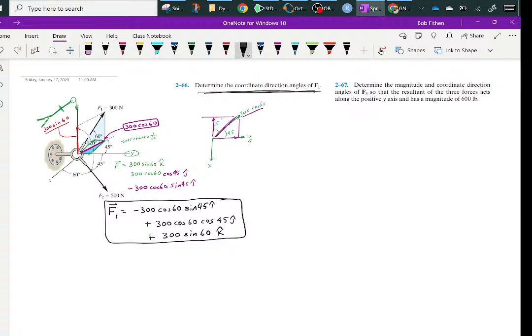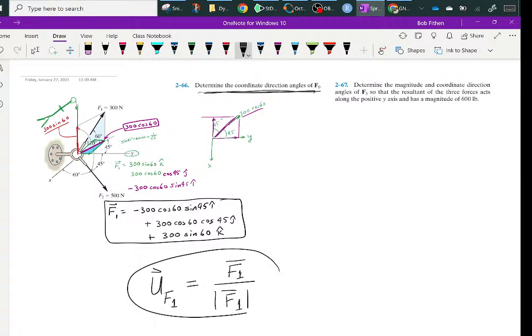Well, I have to find a unit vector pointing in the direction of F1. Wouldn't that be F1 over its own length? And this is a definition. So in MATLAB, it's going to be nothing more than F1 over the norm of F1.